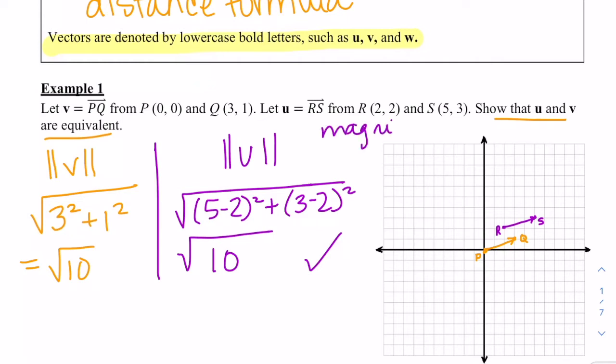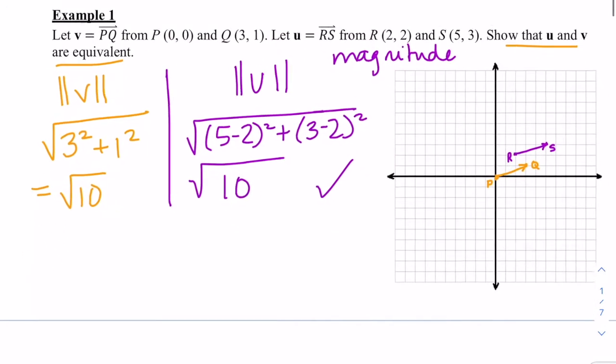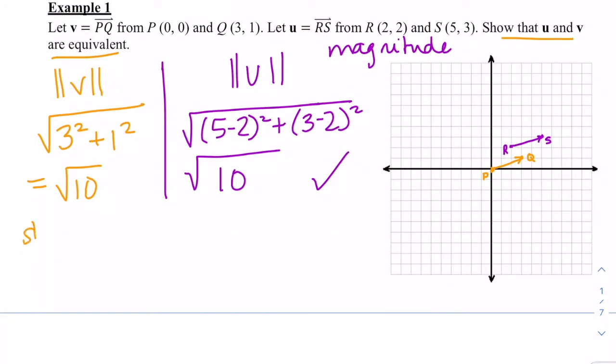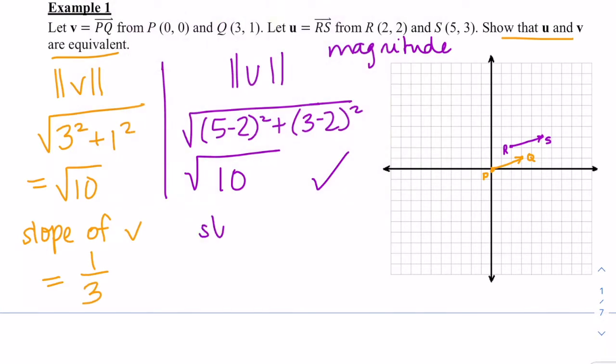All right, the second thing we need to make sure we show is the direction. And looking at these values, we can actually use the slope to figure out the direction. Pretty easily for V, the slope would just be the rise over run. So that's just going to be 1 over 3. And then for U, we just do the same thing.